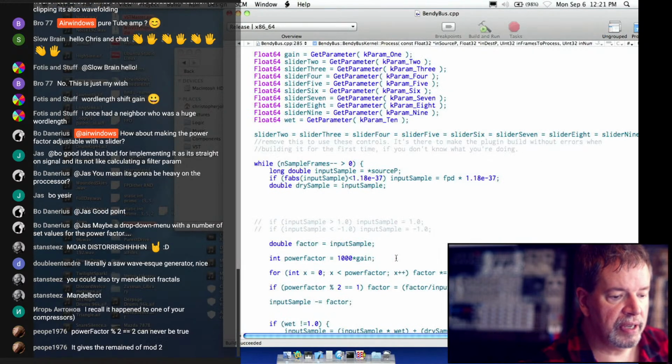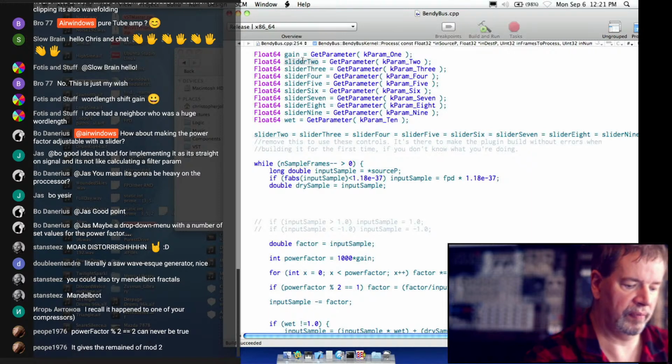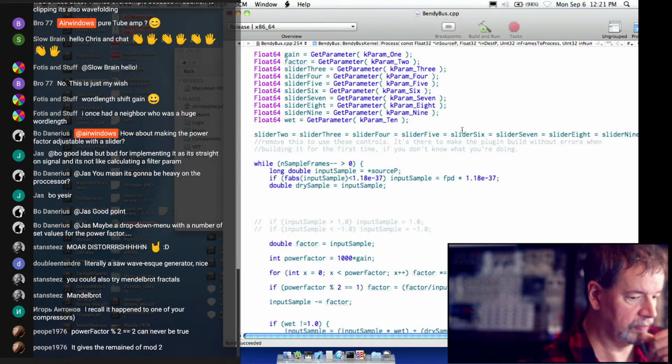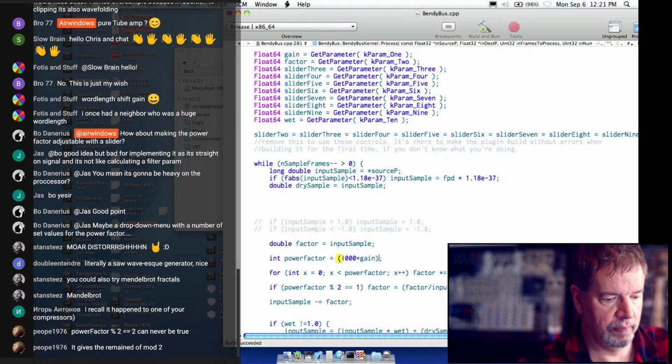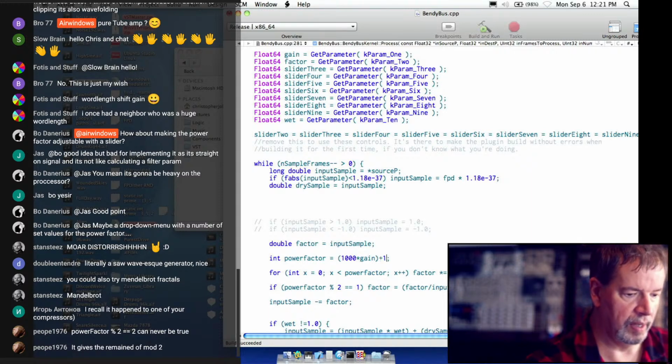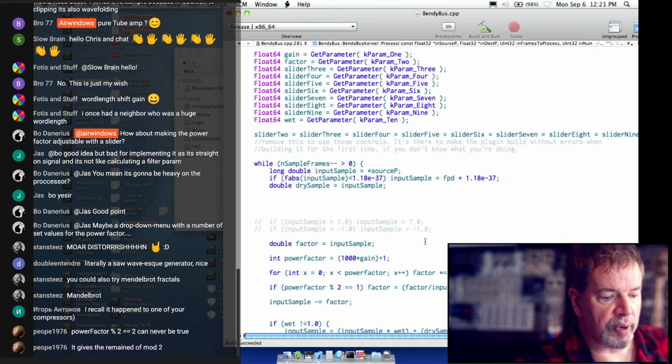Don't save. And one further thing. Zero is going to be 1, so the slider will only go down to the most limited factor.